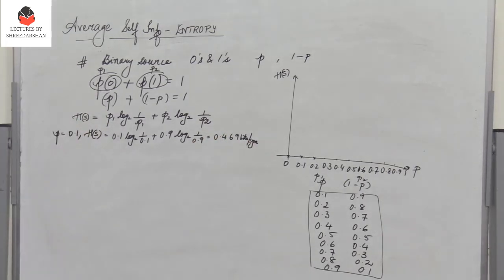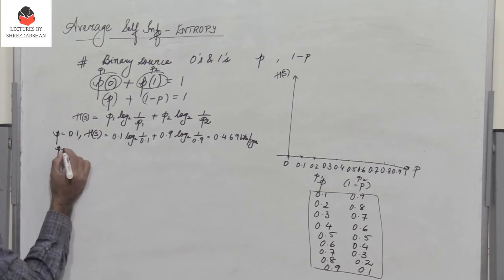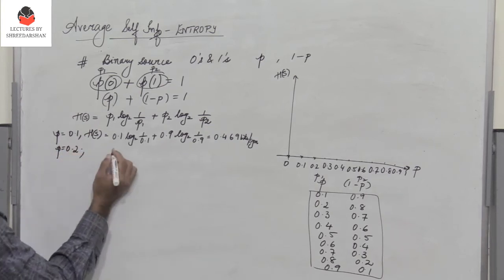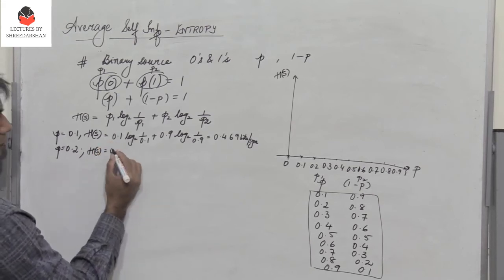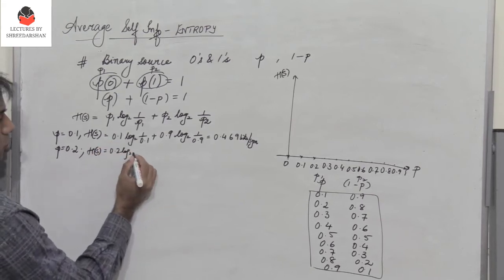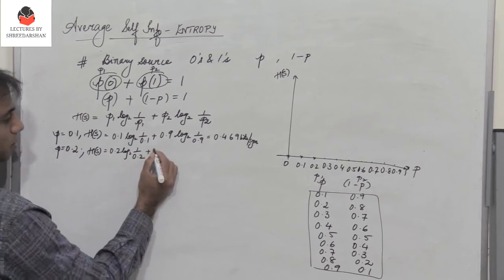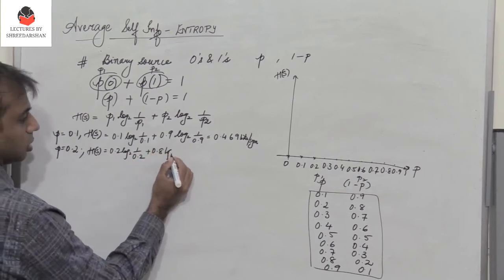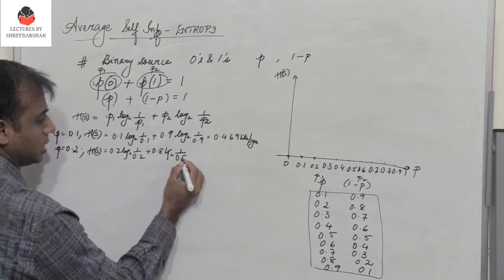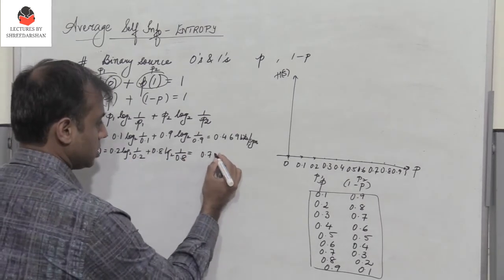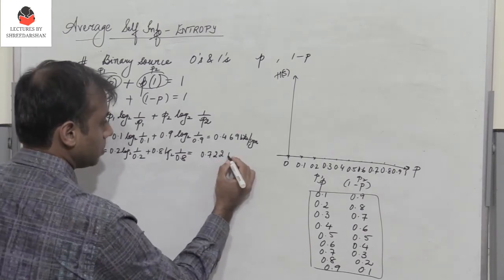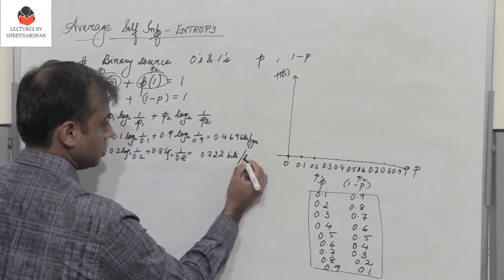I've calculated the values and I'm writing the values directly. Next, for p equal to 0.2, what is H of S? I have 0.2 log base 2 of 1 by 0.2 plus 0.8 log base 2 of 1 by 0.8. So what do I get? I get the value as 0.722 bits per symbol.